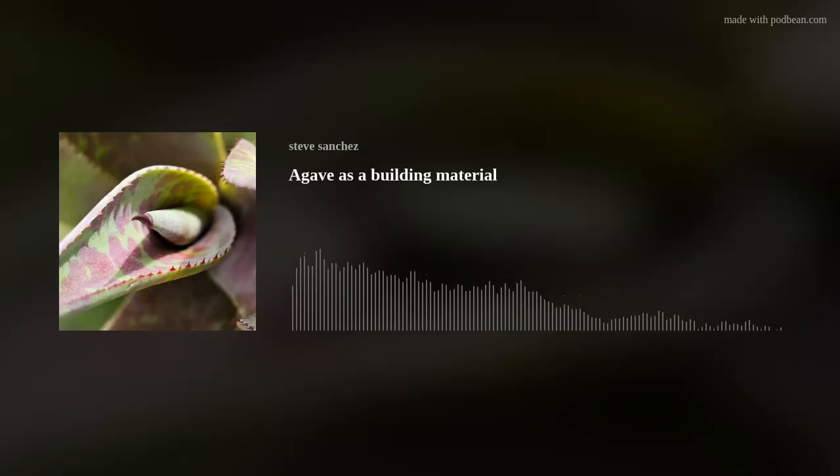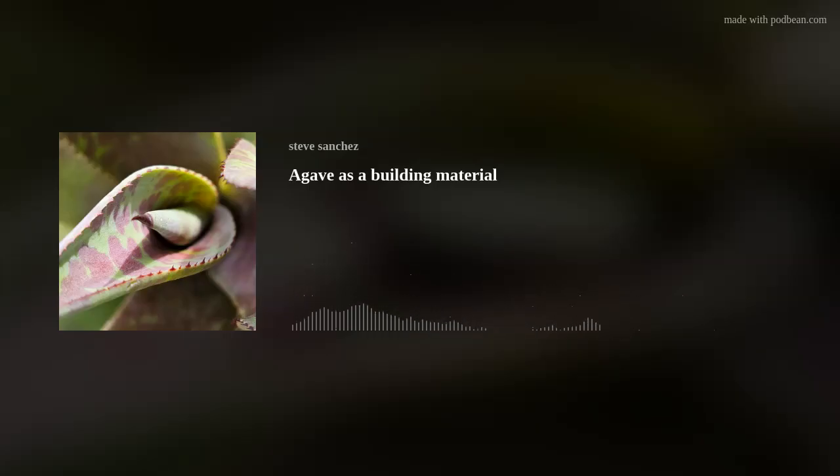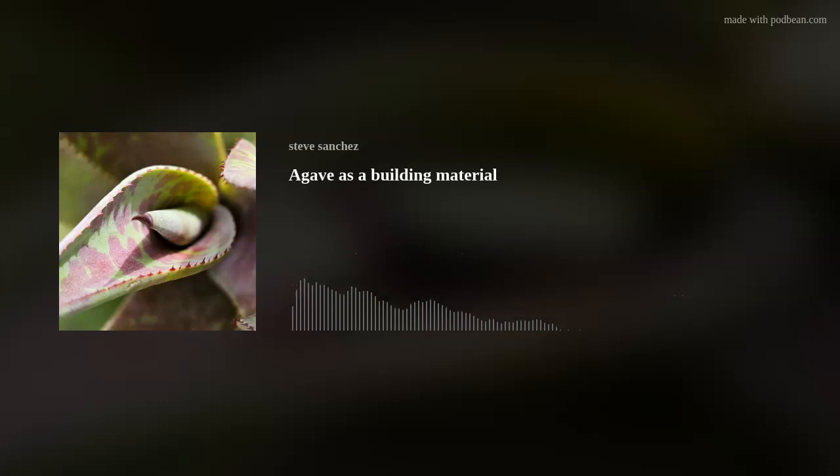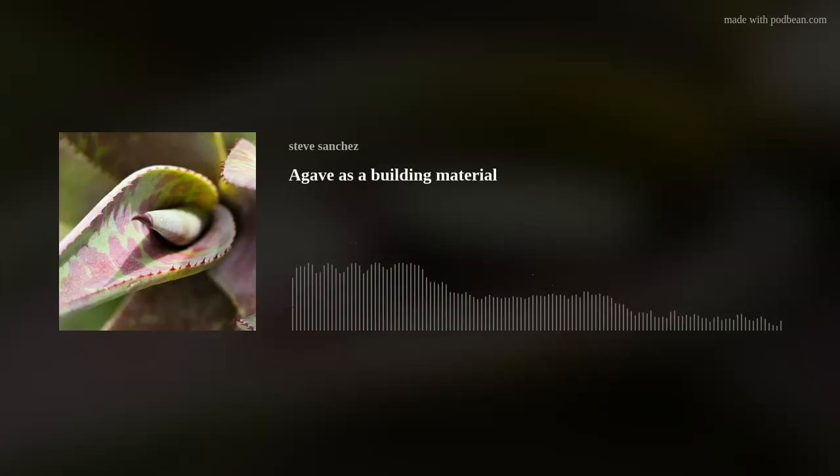Say we can build some agave insulation, right? Say a builder comes to me and says, oh, Steve, I really want to build some agave insulation so I can try it out in this new home that I'm building. Cool. Well, I could build it for him. Great. I'll probably even do it free. But I'll ask him, hey, we're going to take this to a lab, and we're going to be testing the R-value on it so that we can get this data, right?